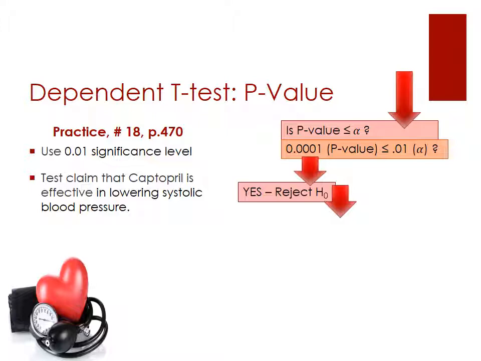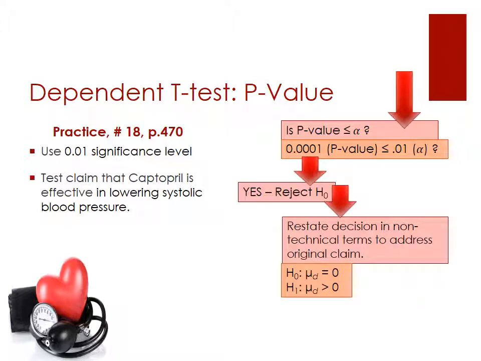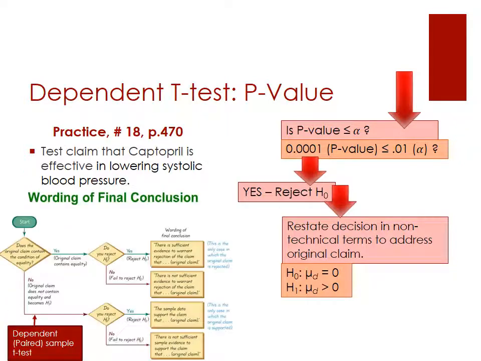Now I'm moving into my last step. What is the last part I've got to do here? I've rejected my null. Now what do I need to do? Well, I need to restate it in non-technical terms to address the original claim. So here are the hypotheses we were working with, and then I need to look on the flowchart. Keep in mind that we're using this bottom line for writing up our hypotheses for these, so be careful about that.